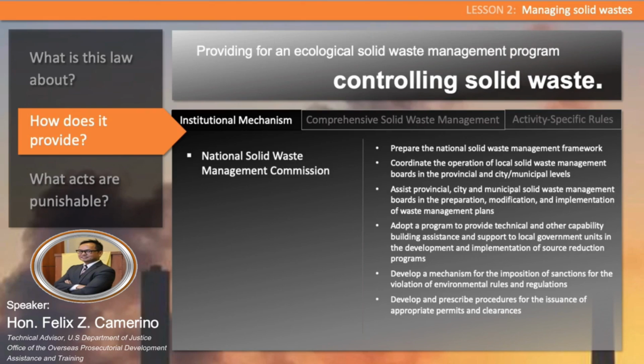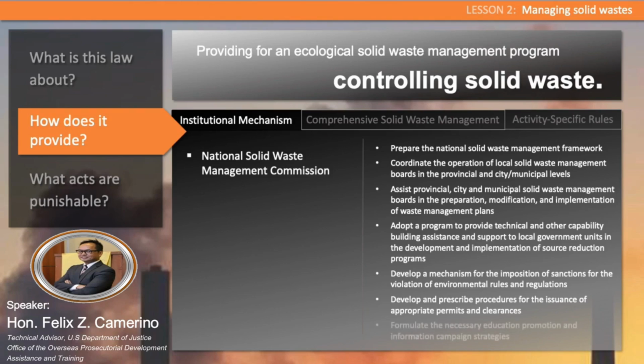So this, as an investigator, would be a hint to you as to what this body does in that area. They develop and prescribe procedures for the issuances of permits, which necessarily involves the setting of the limits, and those limits are essentially the basis for whether something is violated without a permit.